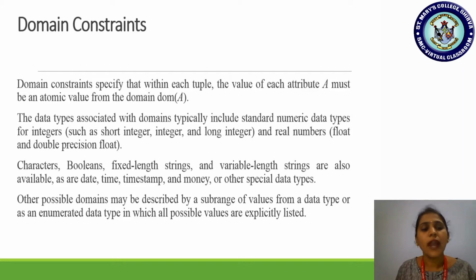Other possible domains may be described by a subrange of values from a data type or as an enumerated data type in which all possible values are explicitly listed. So beside these, we can also describe a certain range of values. For example, I'll tell you now, which is a recall for you all.